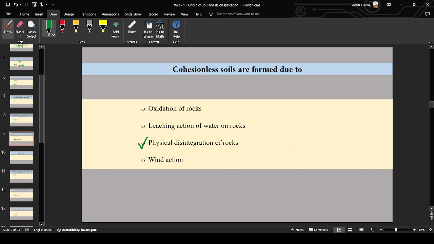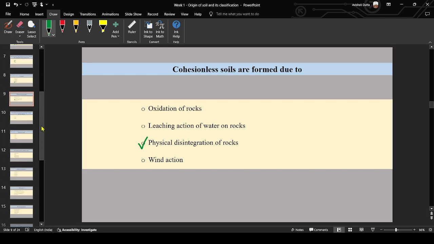If there is a leaching action of water, water might contain some solutions which might bring about change in the chemical composition of the rock mass, and that again will not lead to the formation of cohesionless soils. So physical disintegration of rocks, or breaking of rocks, which leads to change in the physical structure, is a major process that brings about the formation of cohesionless soils. I hope it was clear. Go to the next question.